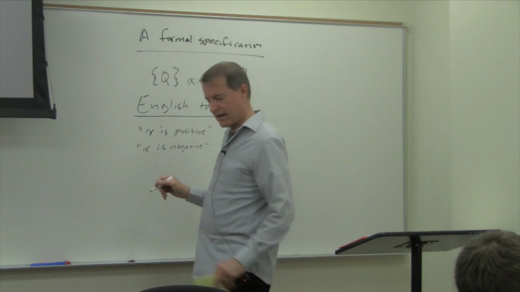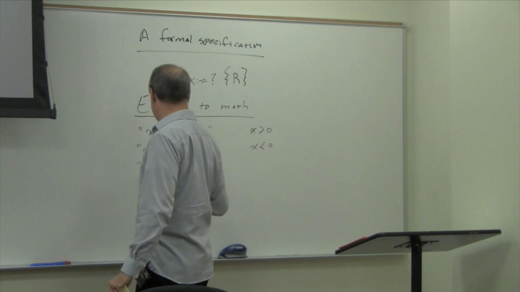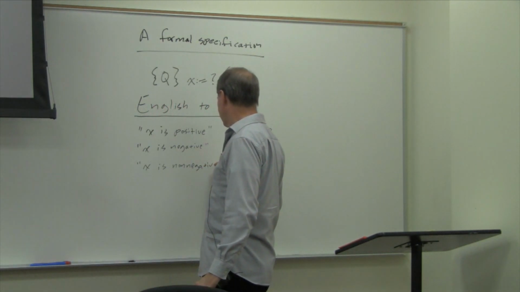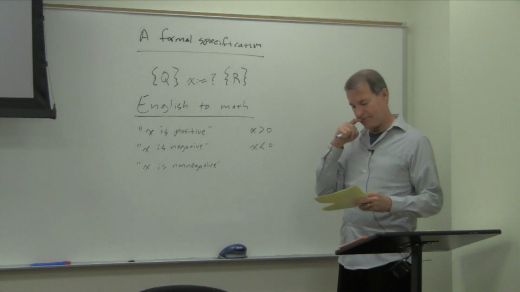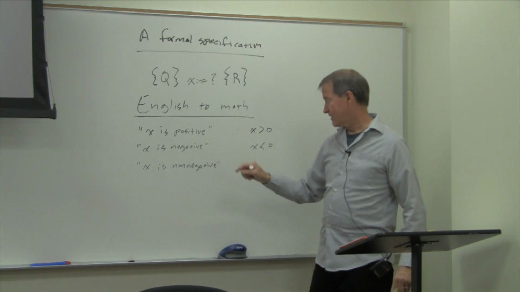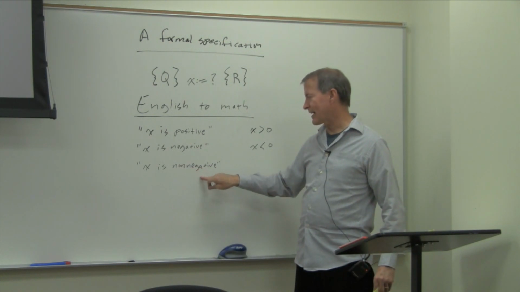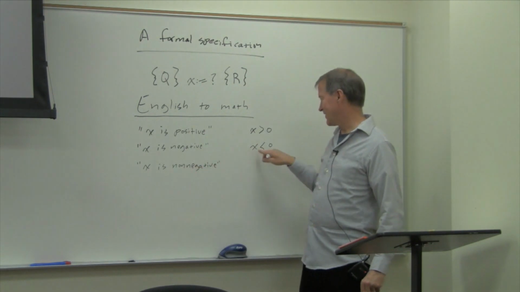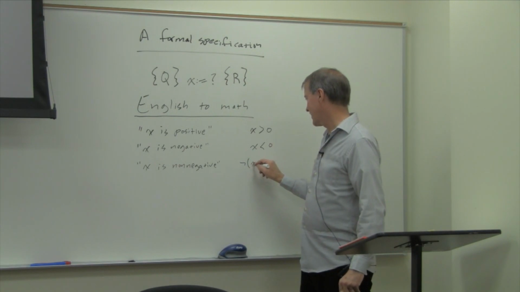How about, Alex, X is non-negative? There's actually two ways to do it. Let's do it another way first. If you say non-negative, how do you write non? Not. And then this is negative, so you could say not X is less than 0.